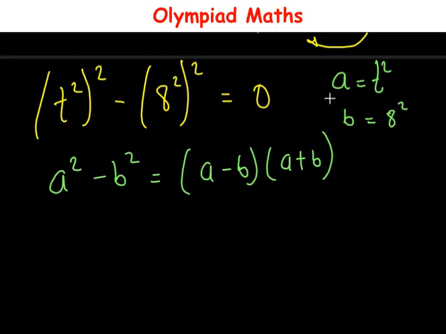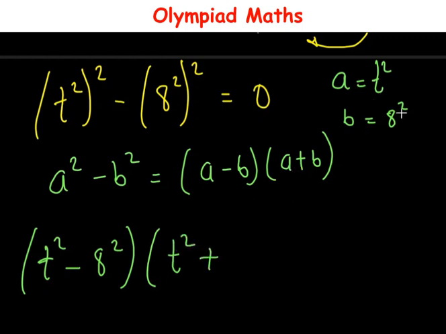Putting the values of a and b into this, we have, in brackets, t squared minus 8 squared, multiplied by t squared plus 8 squared, all is equal to 0.